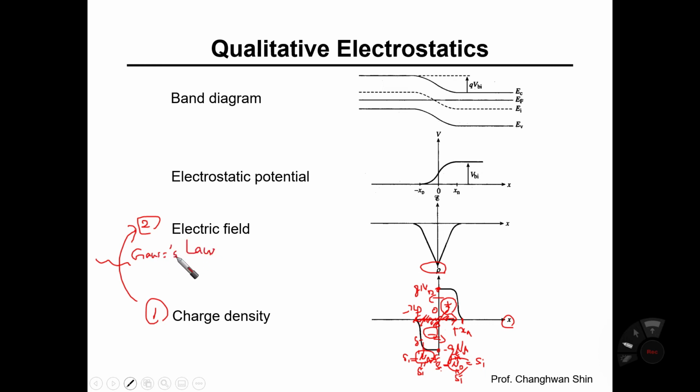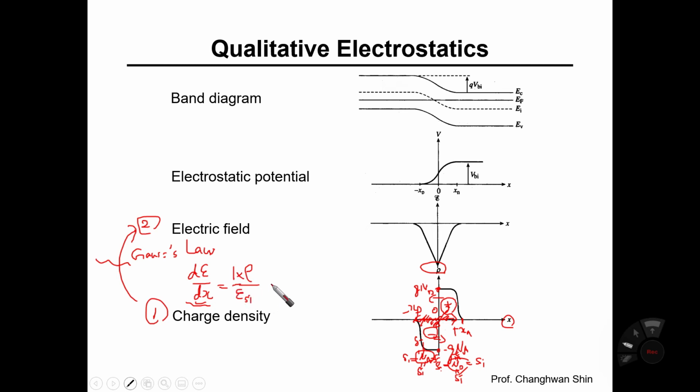Gauss's law can be mathematically expressed with Poisson's equation. So let's write down Poisson's equation here. The first order derivative of the electric field intensity with respect to X is proportional to the charge density, and the proportionality coefficient is 1 over the dielectric constant.